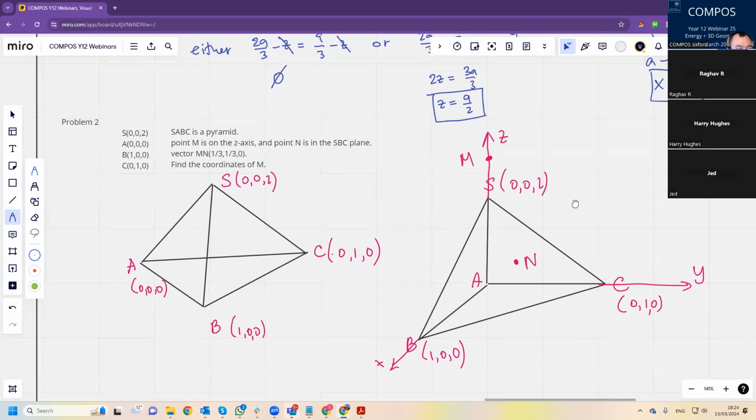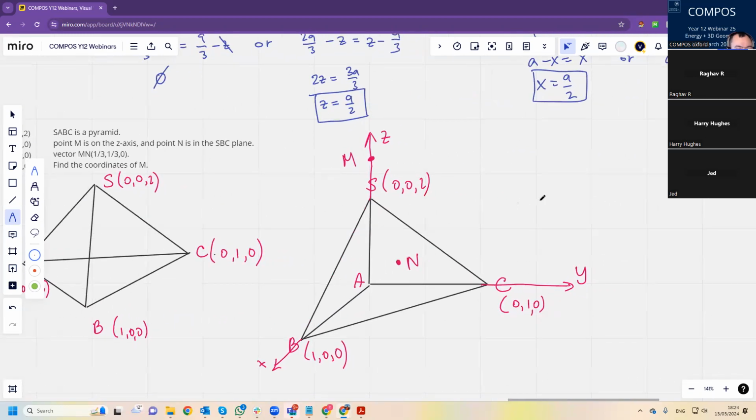MN is 1/3, 1/3, 0. So if this is 0, that means that MN has 0 component in the Z direction.